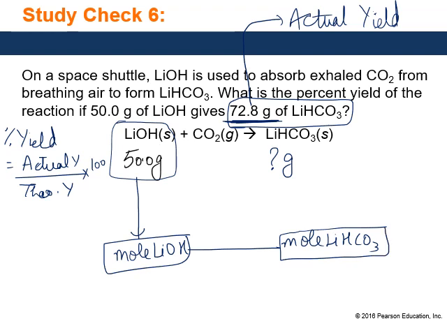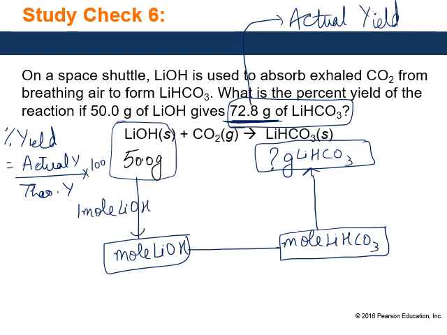And then you can convert moles of LiHCO3 into grams of LiHCO3. The conversion factor here is molar mass. 1 mole of LiOH, if you calculate it, is 23.95 grams. How? You simply add 1 lithium, 1 oxygen, 1 hydrogen, mass from the periodic table.